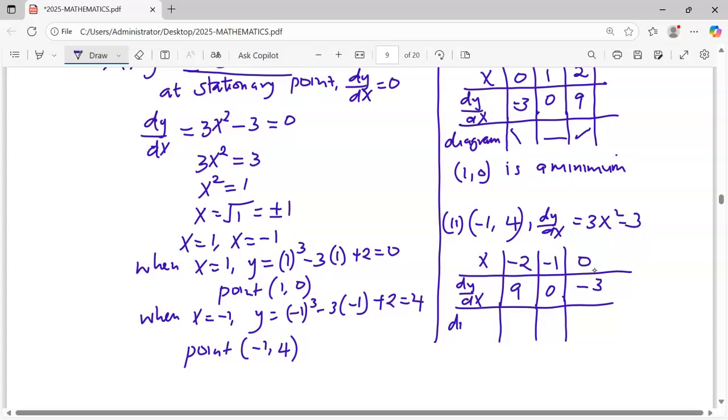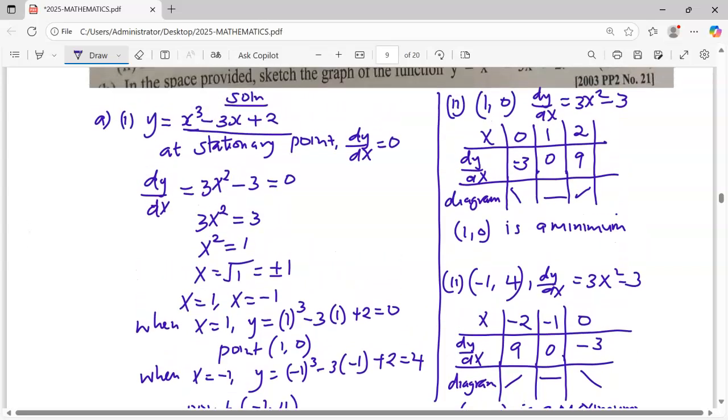As you can see, the gradient is changing from positive through 0 to negative, implying that negative 1, 4 is a maximum stationary point. That is what we have.